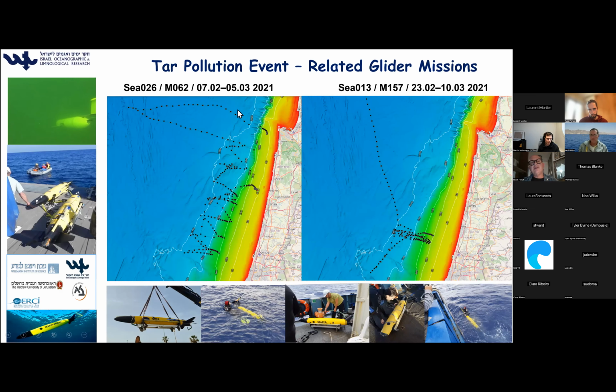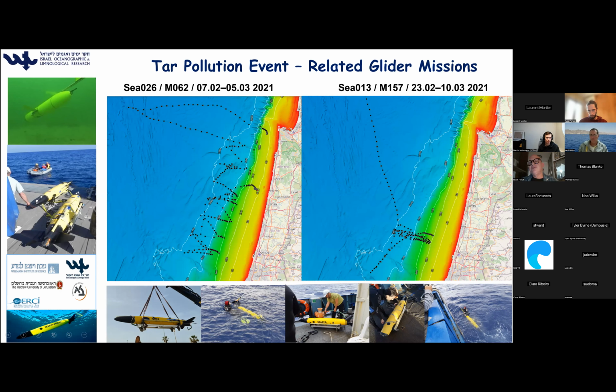At that time, we had one glider at sea, but at the northern part of the coast, the Sea Explorer 26, without any hydrocarbon sensors. And we had just got back the Sea Explorer 13, which had a hydrocarbon sensor and came from repair.